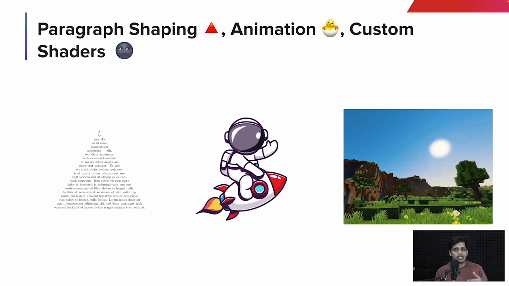There are animations, and there is something called custom shaders, right? If you have played a game like Minecraft, there is ray shadowing, and a lot of graphical visualizations, and there are paragraph tags and paragraph shaping too. So due to this, Flutter is very good with using CanvasKit as a web renderer.